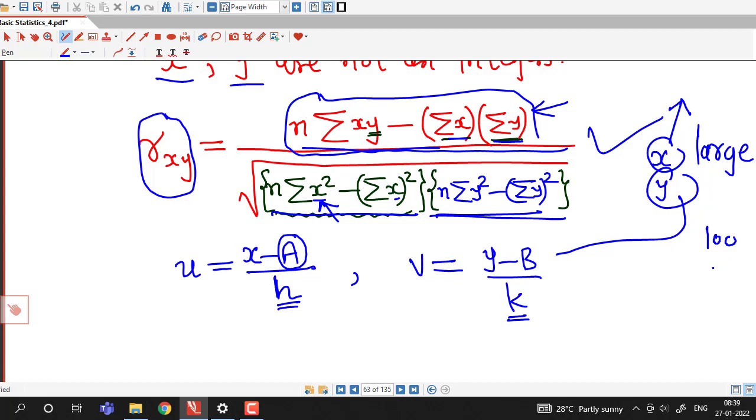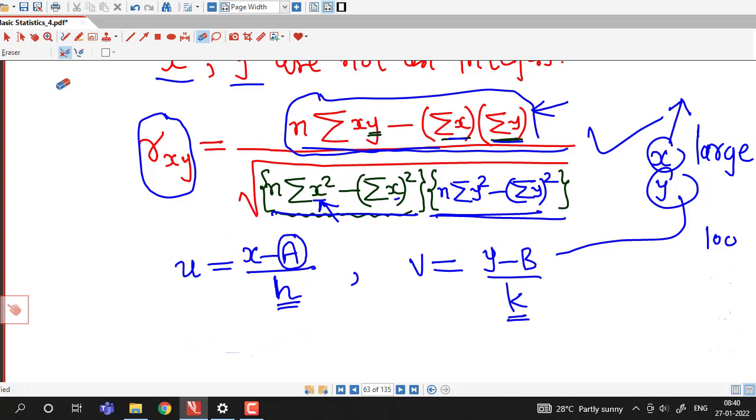Suppose I have values for x like 100, 105, 110, 115, then I can say that h equal to 5. So if there is a common gap, then we will use this h. If the gap is not common, then we will consider simply u equal to x minus a.